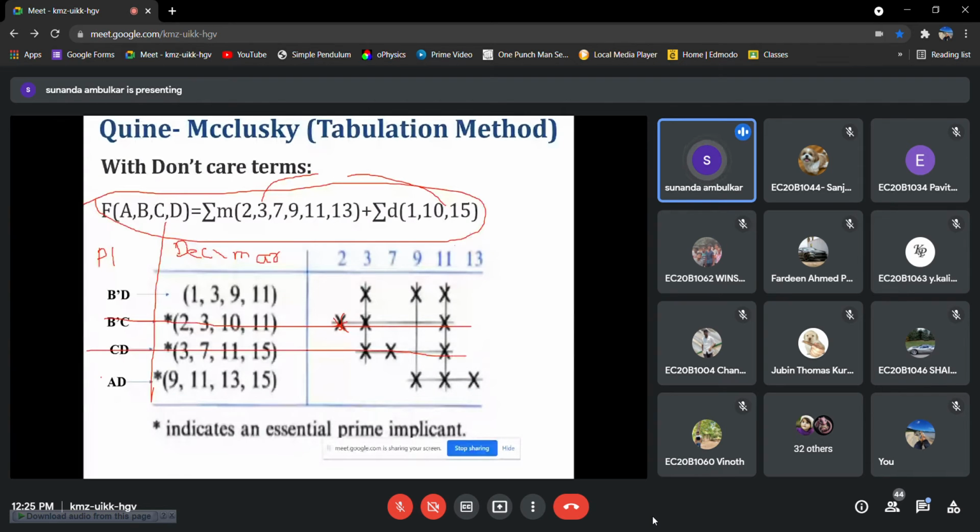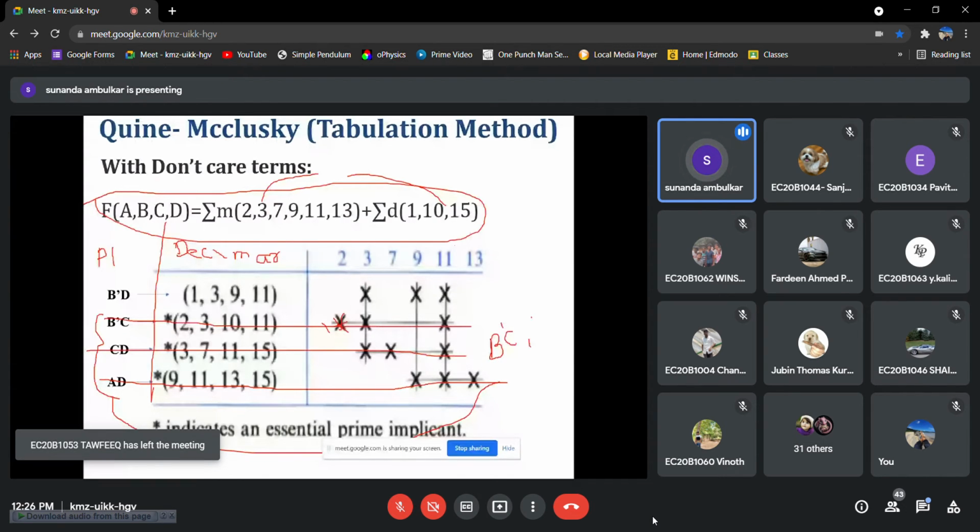So we found those min terms which belong to only one prime implicant. In this case, these three prime implicants will make the essential prime implicants. Okay, so in the first level of finding the essential prime implicants, we found B dash C, CD and AD are the essential prime implicants.